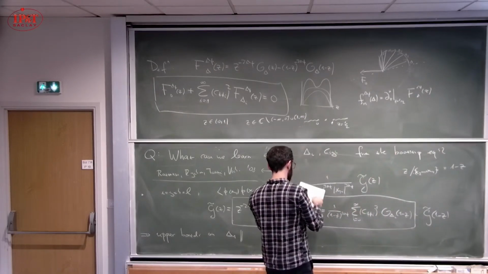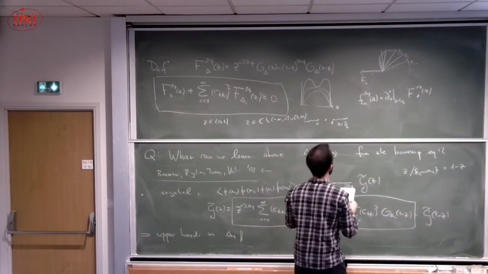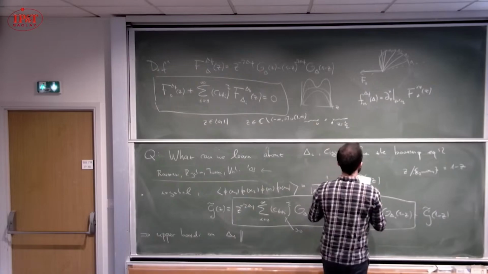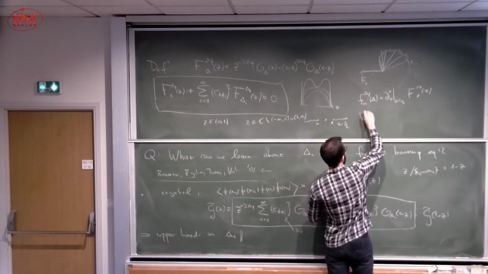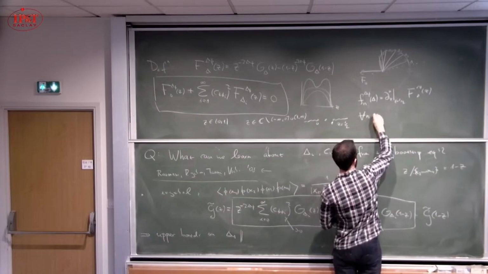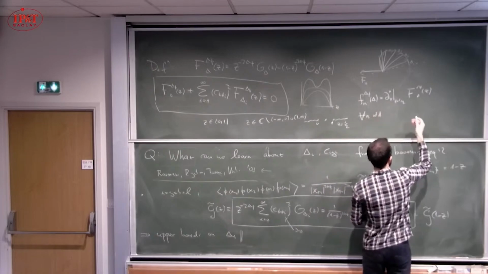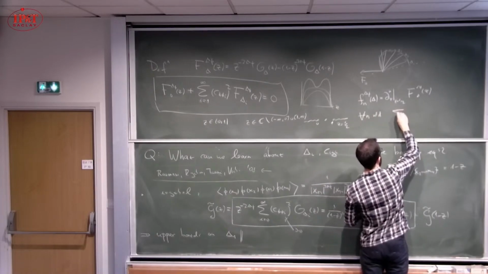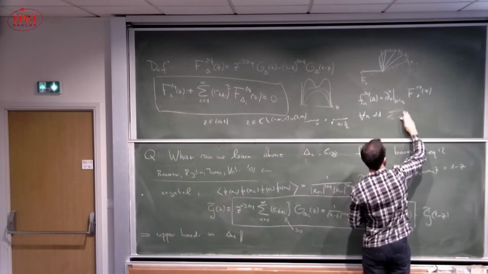Okay, so now the equation that we are trying to solve is that for each n odd, n positive, any valid CFT must satisfy these constraints.